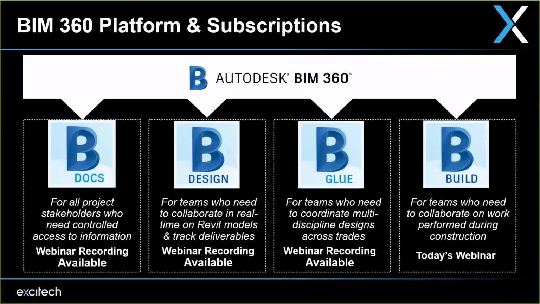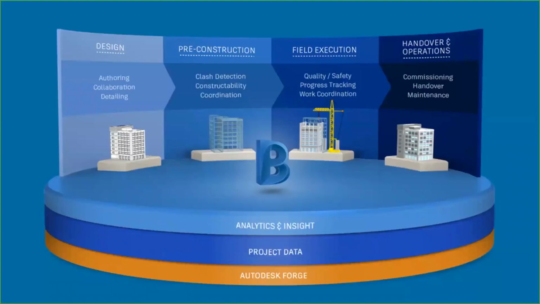And Build. Build is about construction management. It's not about BIM as such, it's construction management and the processes we go around quality, safety, commissioning, the issues we raise on site, the daily diaries we need to record against our day-to-day activities, etc. So we'll get into some of these details as we go along.